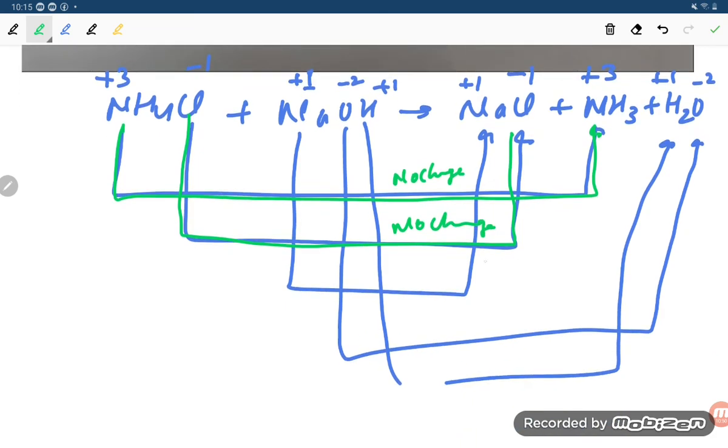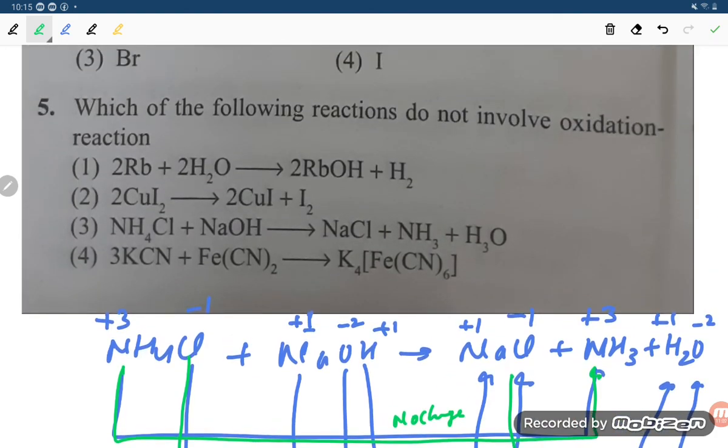There is no change in oxidation number, so the reaction does not involve oxidation. So our correct required option is option number 3, student.